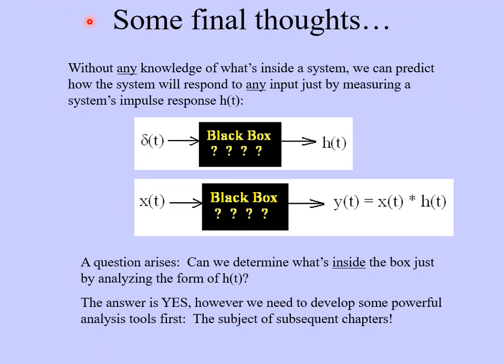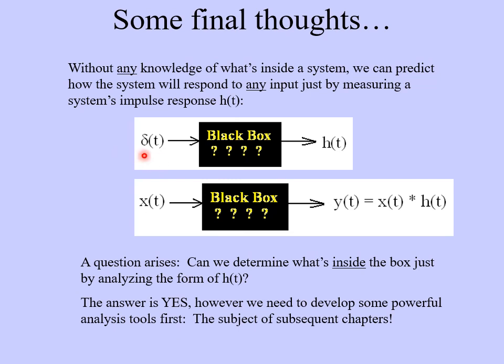So before we finish up this chapter, just some final thoughts here, kind of looking ahead. One of the things we did in this chapter 2 was we learned that without any knowledge of what's inside a system, they sometimes call this a black box, where it's sort of a mystery, we can predict how the system will respond to any input just by measuring a system's impulse response.